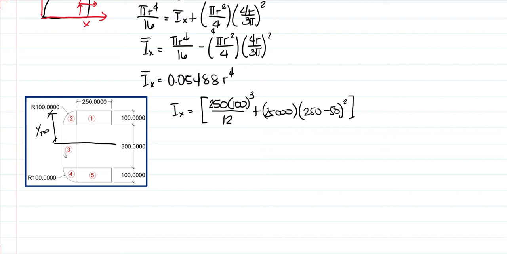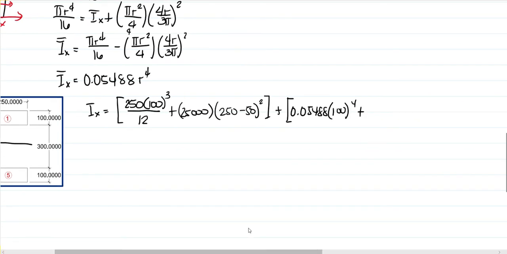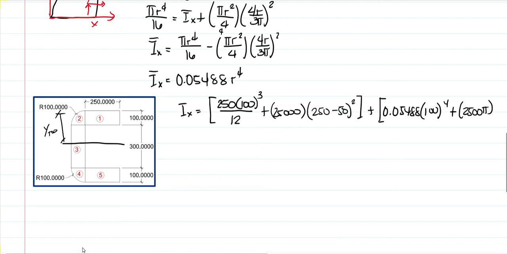So, that is plus the centroidal moment of inertia, which will be 0.05488 times 100 raised to 4, plus A d squared. Its area is 2,500 pi times the distance of its centroid to the centroid of the whole figure. If this is 250, that means you have 150 here, so we just add 4r over 3 pi.